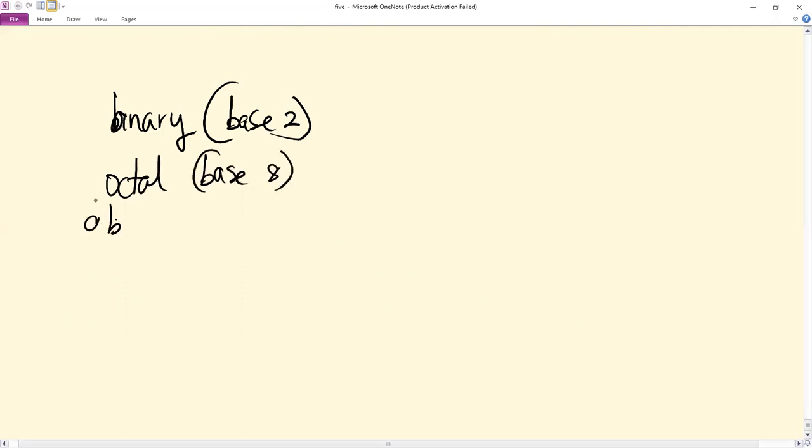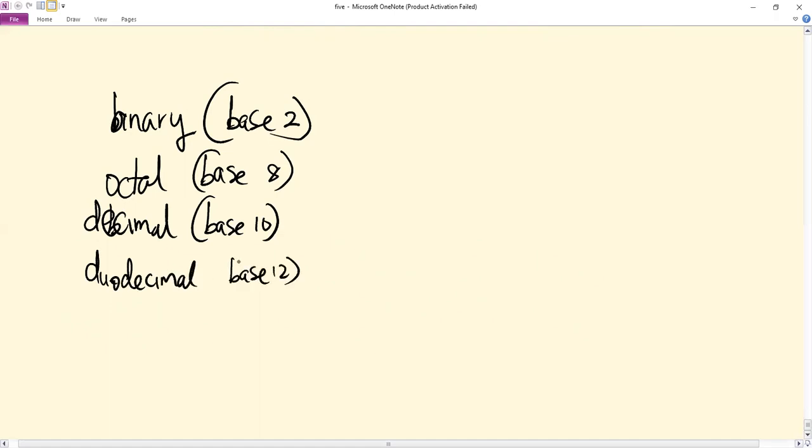Decimal means base 10, and hexadecimal is base 16.